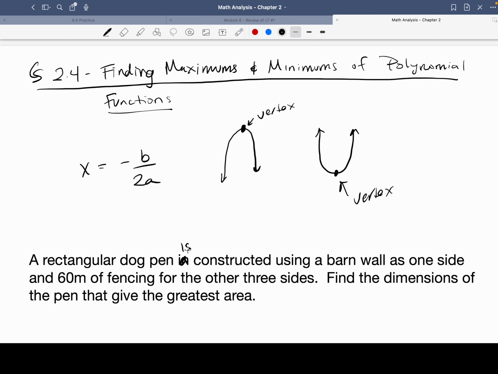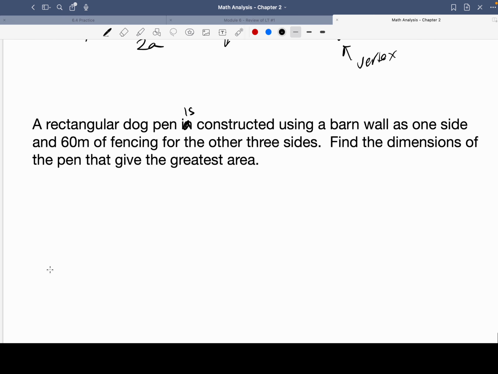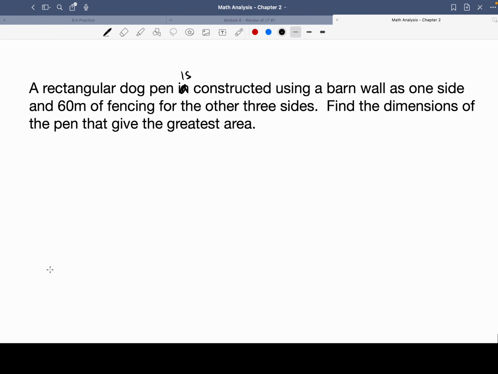Okay, so the first thing that I'm going to do here, and this is not a requirement, but it's a good idea, is draw this picture, because let's try to put into perspective what it's asking. So we're going to build this dog pen using a barn wall as a side. So I'm going to say that I have this barn.